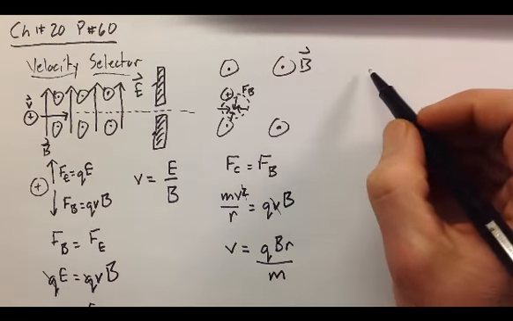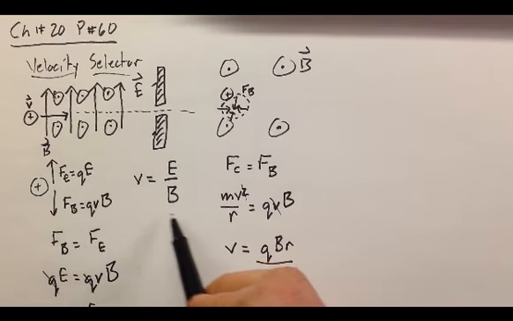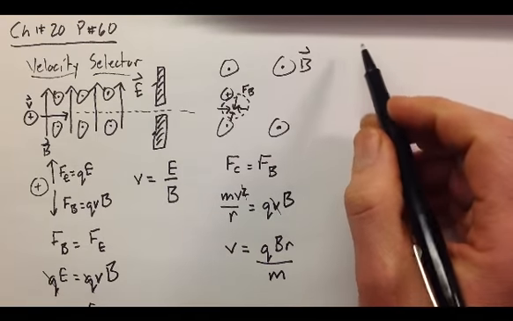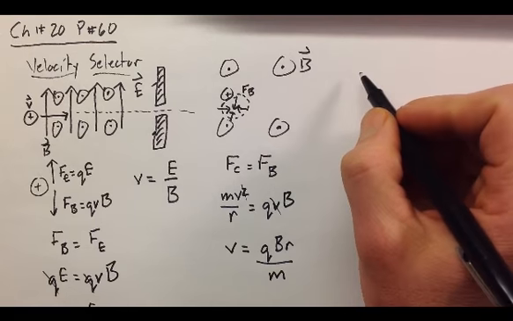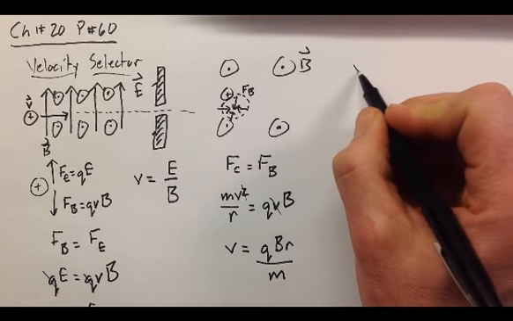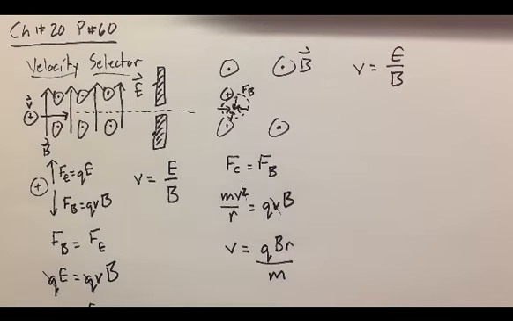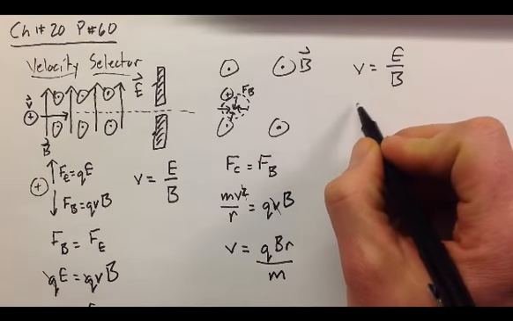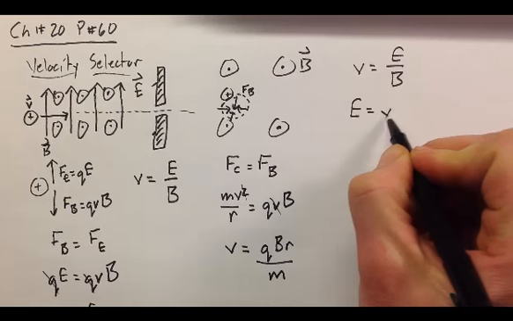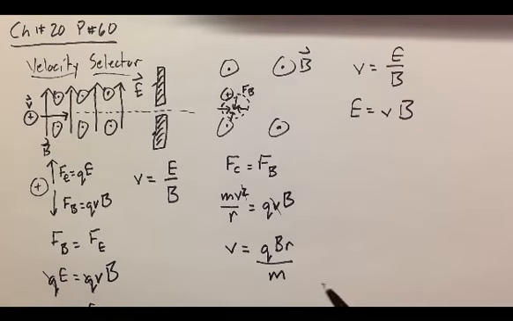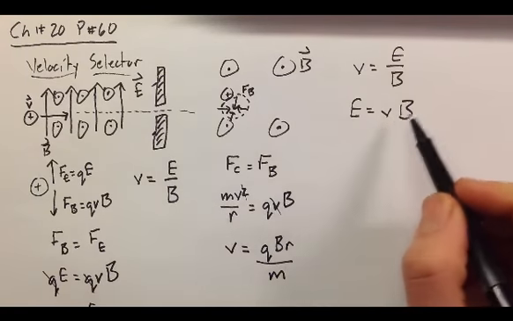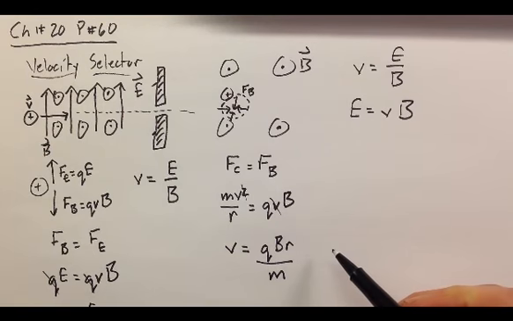And to do that, we could use our velocity selector equation here and say that the strength of the electric field would have to be the velocity that the charge is moving at times the strength of the magnetic field.